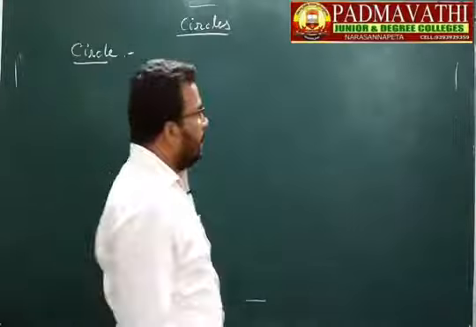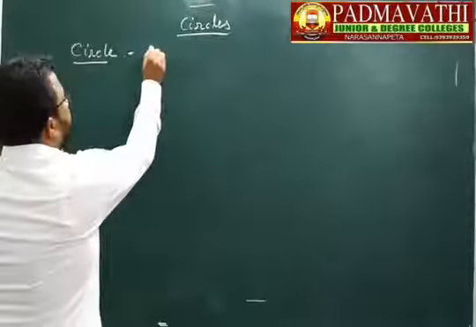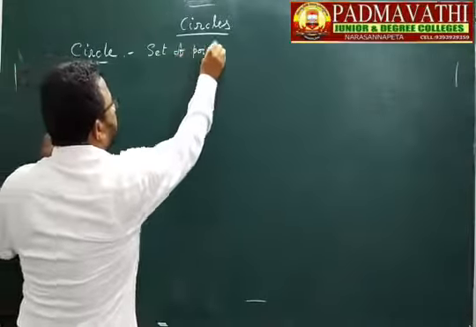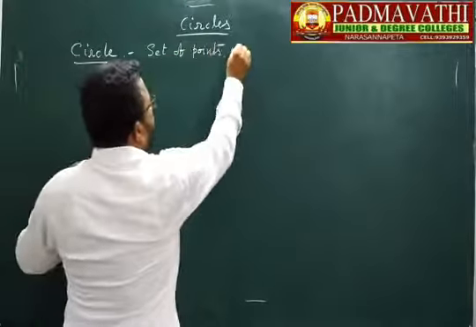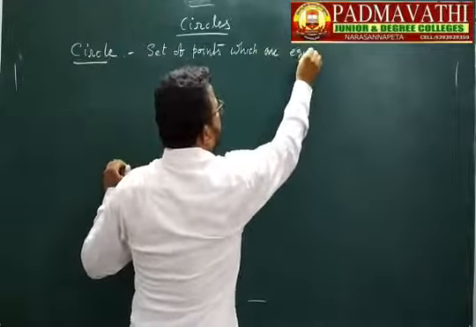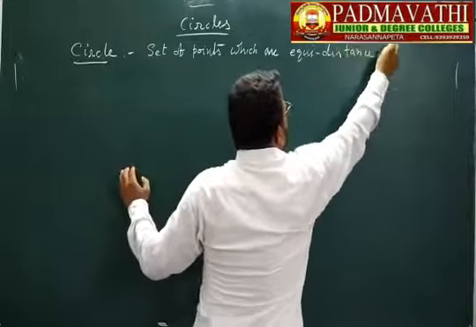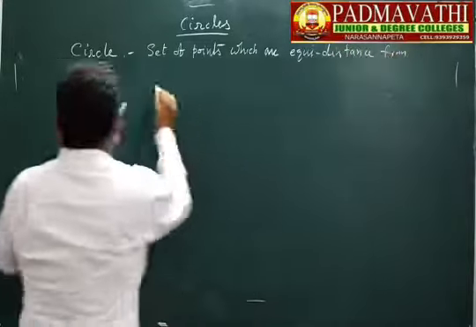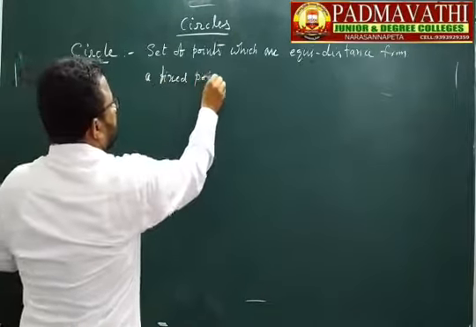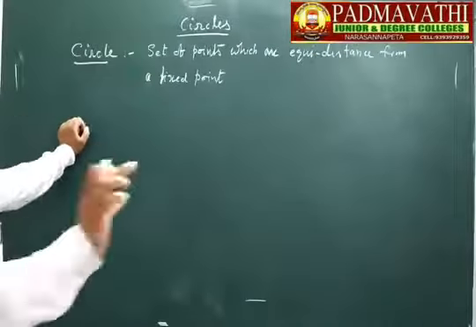Circle is nothing but a set of points which are equidistant from a fixed point.